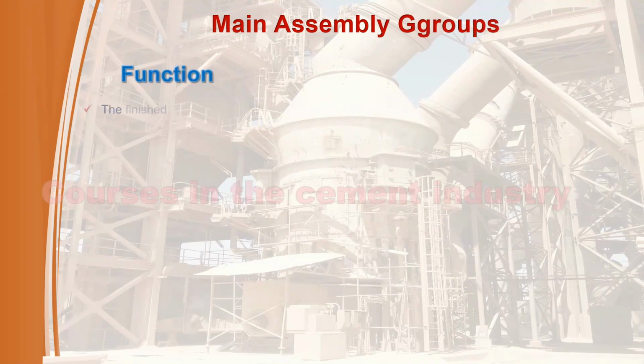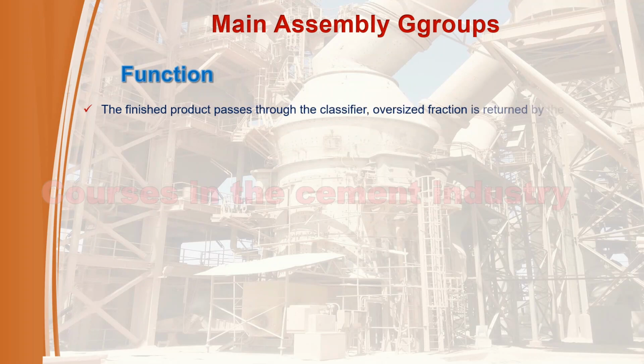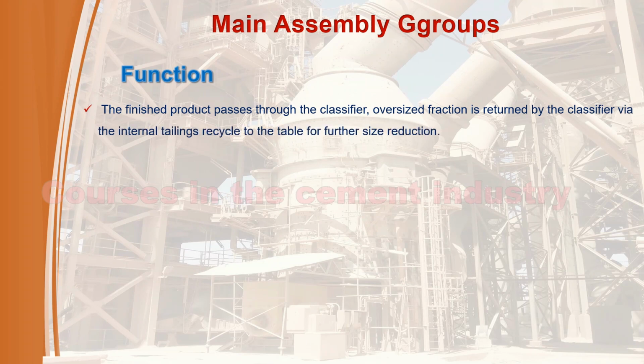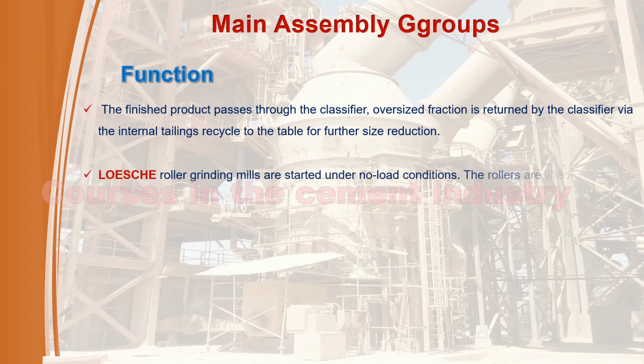5. The finished product passes through the classifier. The oversized fraction is returned by the classifier, via the internal tailings recycle, to the table for further size reduction. 6. LOESCHE roller grinding mills are started under no load conditions.